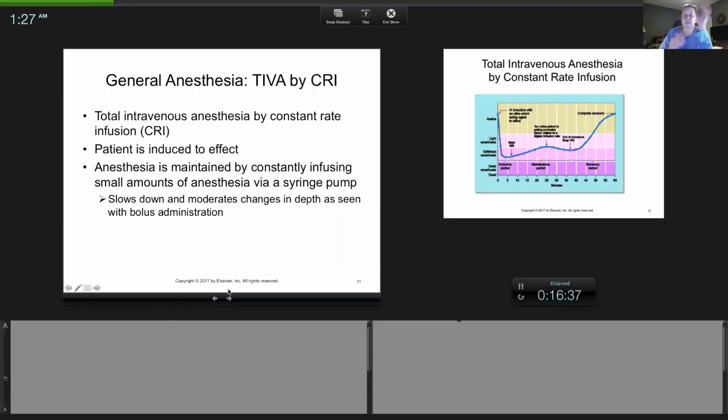If I get to this one, this is TIVA by CRI. Now the difference is you're giving total intravenous anesthesia still. Patient is induced to effect, do everything the same. And then anesthesia is maintained with a constant drip. The previous way, you give a bolus and you stop. This way, you use a syringe pump and you give a little bit, continuously drip, drip.